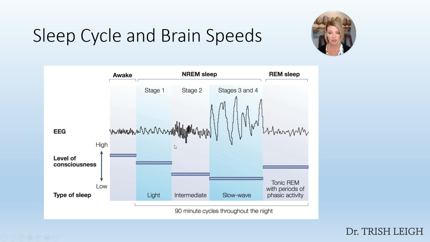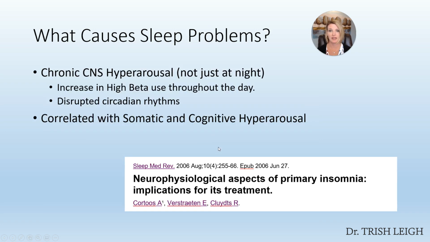And what usually happens is here during this stage 2, when the brain is creating these sleep spindles, that the brain will catch on to faster brain speed and will then catch a thought, and the person will wake up in between one of those 4 to 5 cycles. And we're going to look at that in a minute.